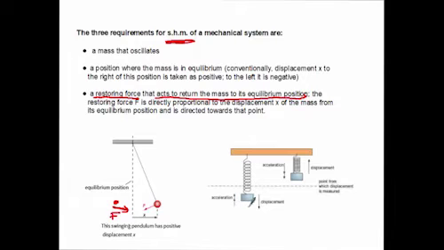Also here, if it is down, the force will act up towards the equilibrium position to return the mass back. When it is up here, the force will act toward the equilibrium position to return the mass back to its equilibrium position.